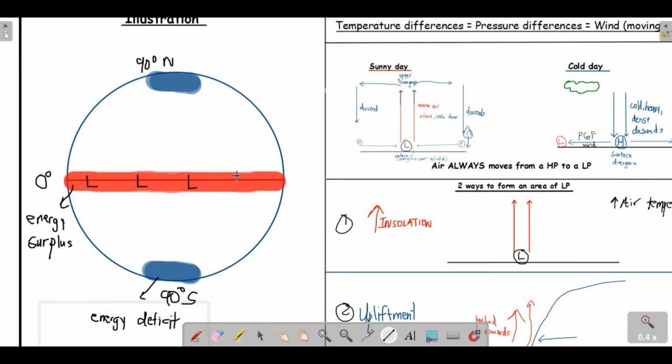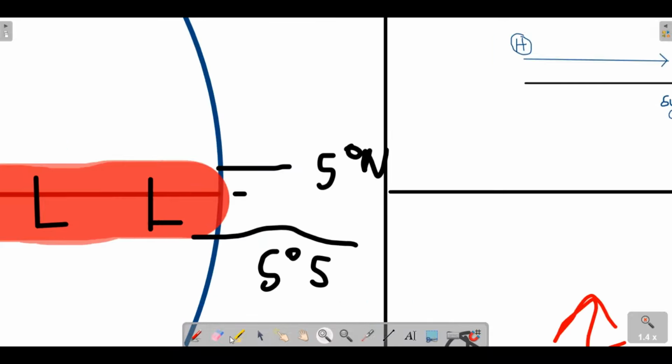So the equator as a whole, from 0 degrees to 5 degrees actually. Okay, from 0 to 5, so that's 5 degrees south, that's 5 degrees north. Okay, let me zoom in, guys, so that you can see this quite clearly.